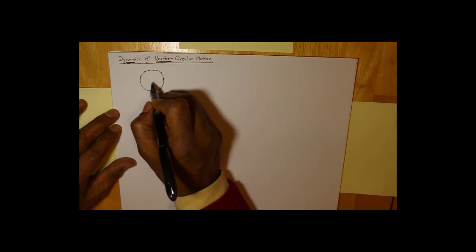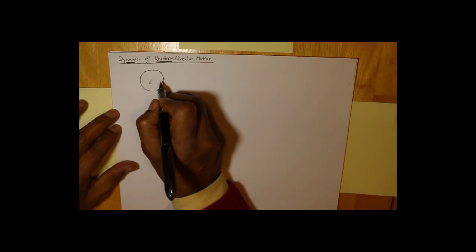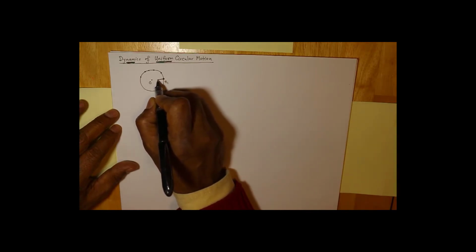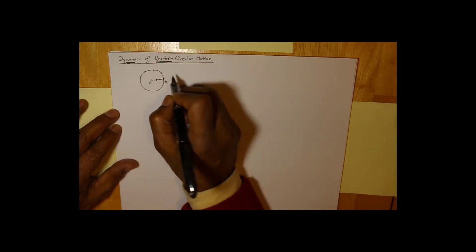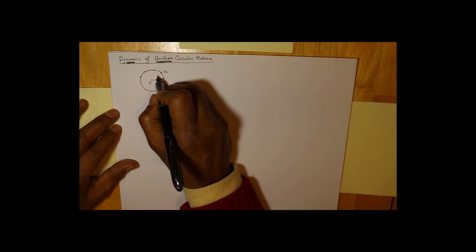So the speed is constant, and you know that in this case the acceleration at any instant, say t1, a1 will be pointed towards the center, and acceleration at t2 will be in this direction.